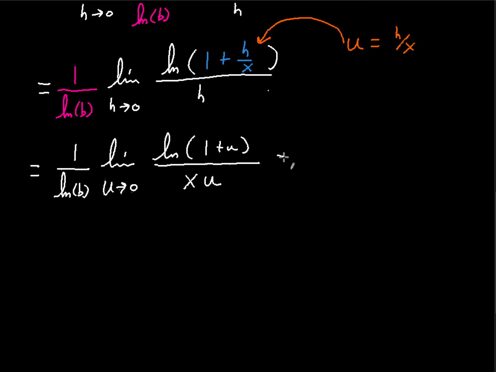Since this is still going to 0 over 0, I want to see what would happen if we took the derivative with respect to u. Okay, so using L'Hopital's rule, I want to see what happens if you take the derivative of top and bottom.